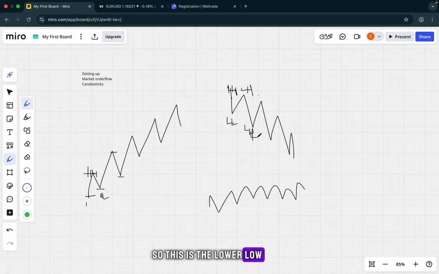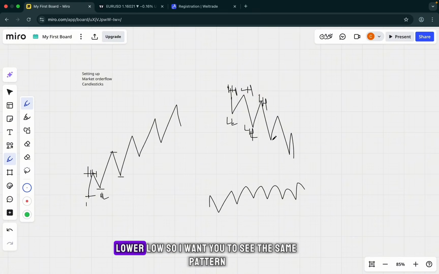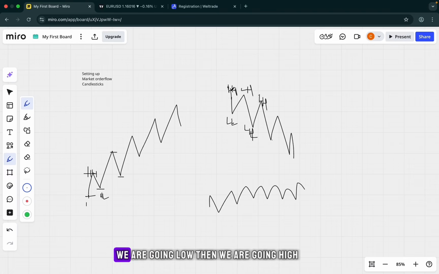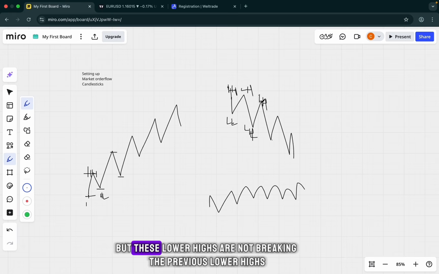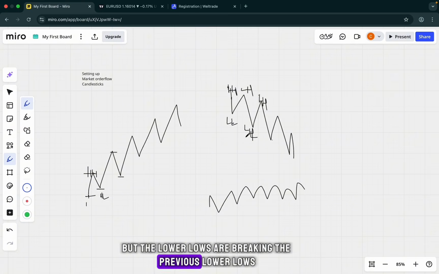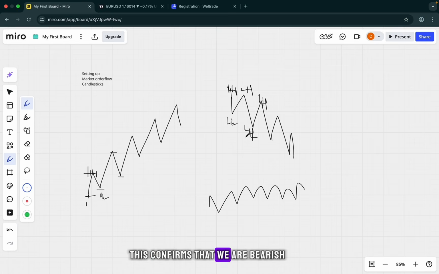So this is lower low, lower high, lower low. I want you to see the same pattern. We are going low, then high, low, high. But these lower highs are not breaking the previous lower highs, while the lower lows are breaking the previous lower lows. This confirms that we are bearish.